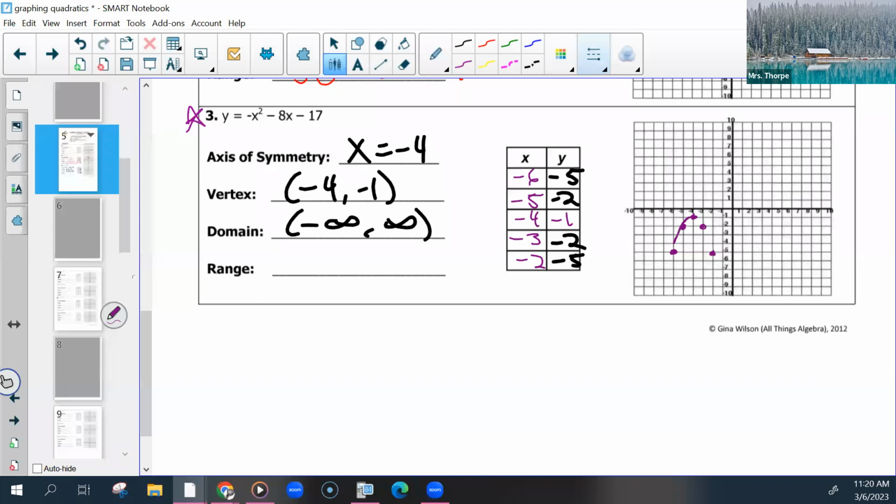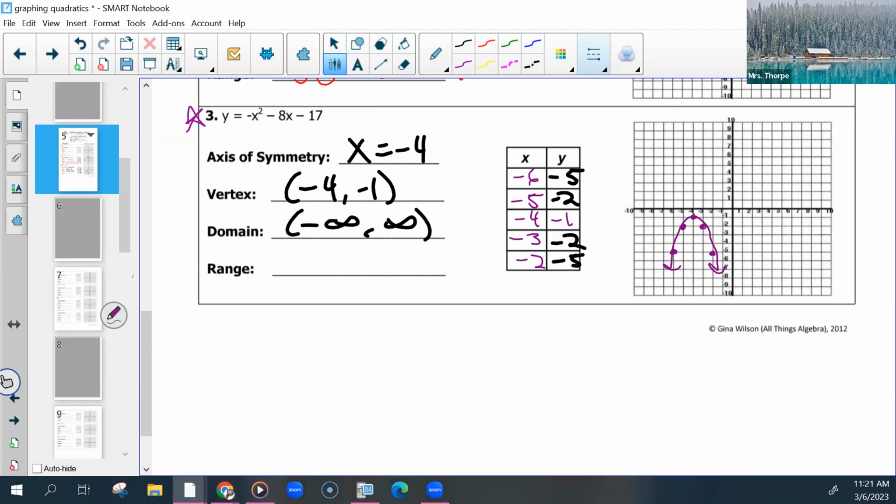So it should look something like this. For the range, what's our lowest point? -infinity.